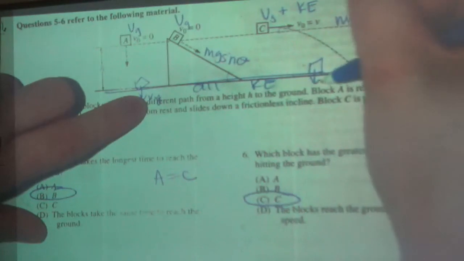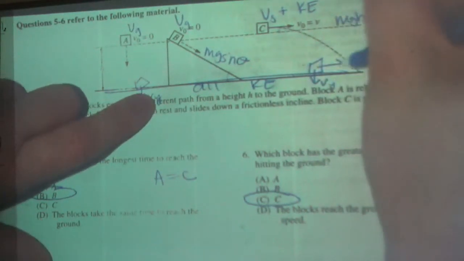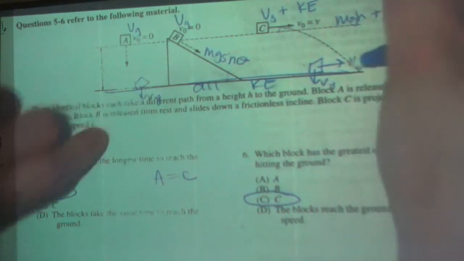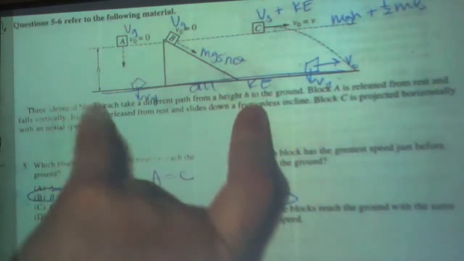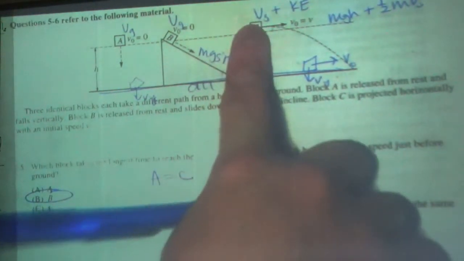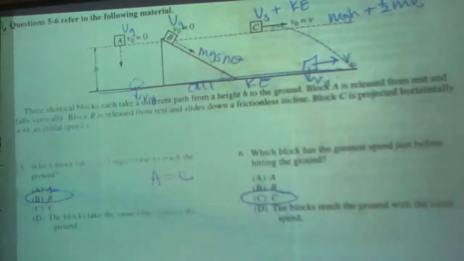Whatever its vy is going to be, block C will also have vy, but it will in addition have the x velocity as well, which is a greater total velocity. Or I think about it in terms of energy, this one started with more energy than the other two, so it'll end with more energy because energy is conserved.